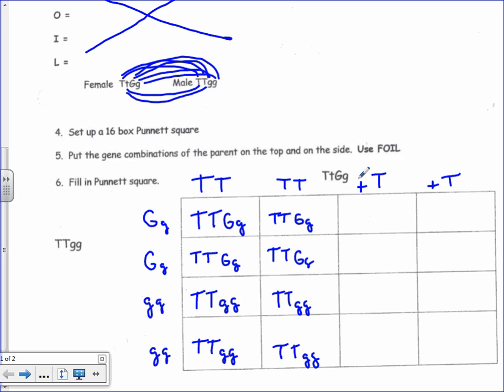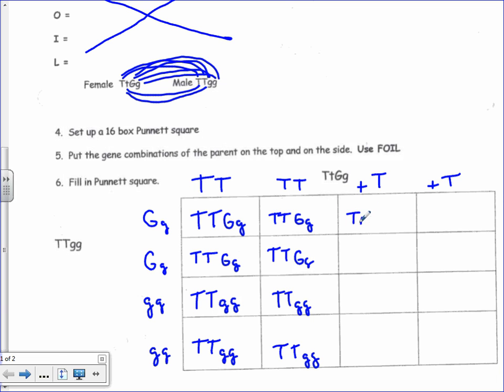Now, when we're writing gene combinations, it is customary to put the capital first. The reason I put the lowercase first here is because I was showing that this allele would assort with either one of these alleles from the father. But when we're writing out the genotype, we need to put the capital first, the dominant trait first.